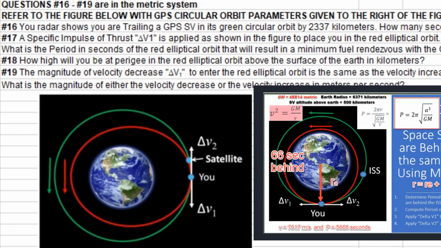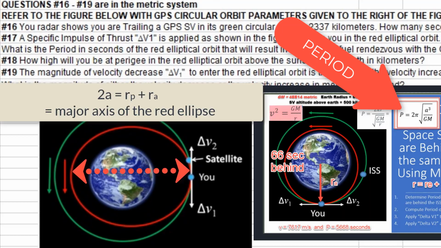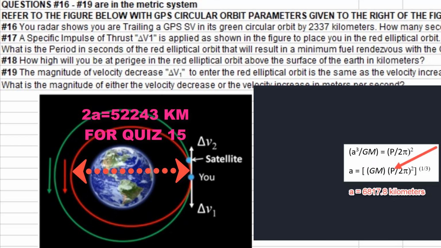So once we know the period of the red elliptical arc, we can solve for a, the semi-major axis, using that formula for period. And that's what this solution would look like. You square both sides and then isolate a, which would be the cube root of this expression here.